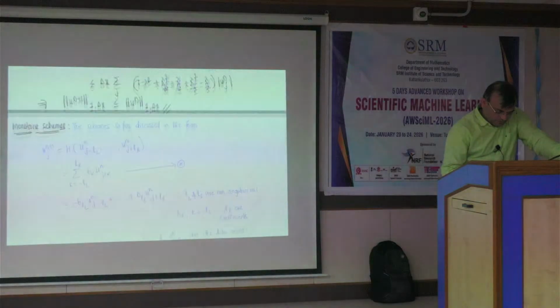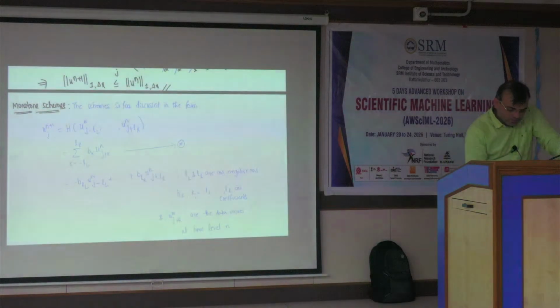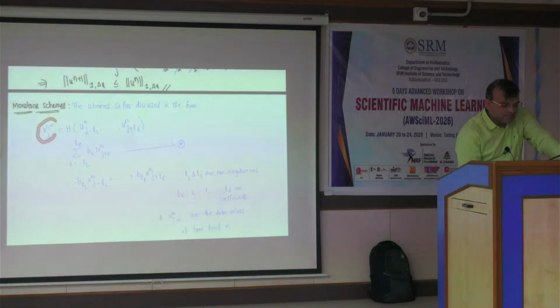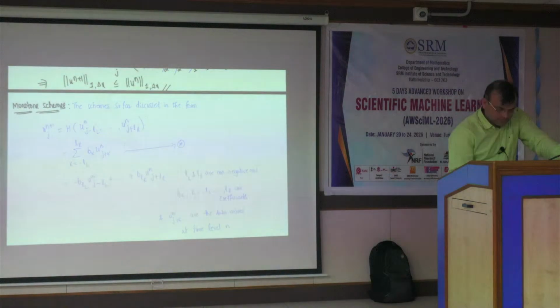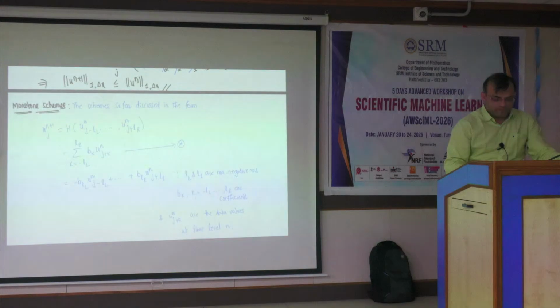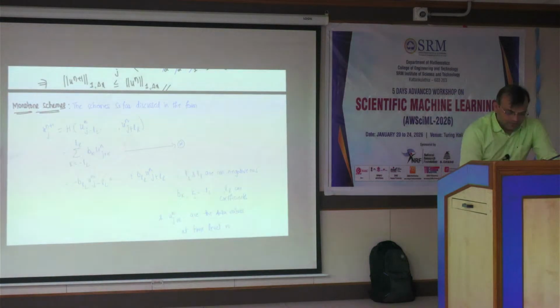So now, u_j^(n+1), the solution at point j at the n plus 1th level, can be written as a function of all the previous level entries from some left values to the right values. Suffix L is the left values and suffix R is the right values.